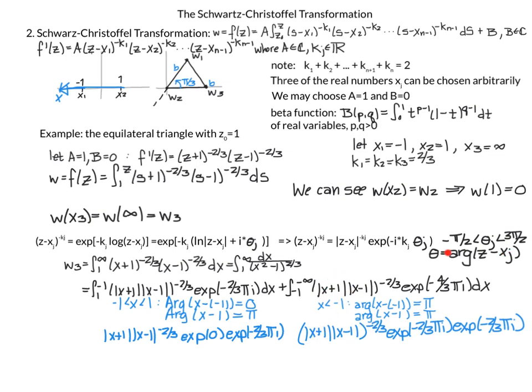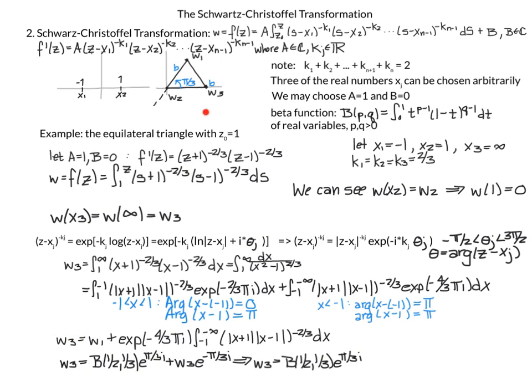Now our arguments for each of these two: for x plus 1, that's exp of minus 2/3 pi i, and for x minus 1, we get e to the minus i 2/3 times pi. These add together and we get this expression: absolute value of x plus 1, absolute value of x minus 1, all raised to the 2/3, times the exponent, adding these two together, minus 4/3 pi i.